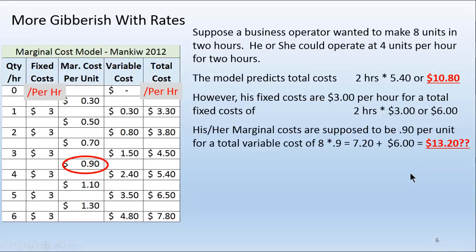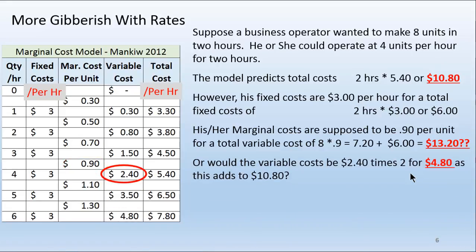These numbers are not jiving. This model has got something wrong with it. So the economist comes in and waves their hands and says, oh, no. It would be variable cost of $2.40 times 2 to $4.80, and this adds up to $10.80. So we're still good. But again, remember, this $2.40 is this added together. It's not this times 4. And marginal cost per unit is supposed to be 90 cents. The cost for my next unit to be manufactured.